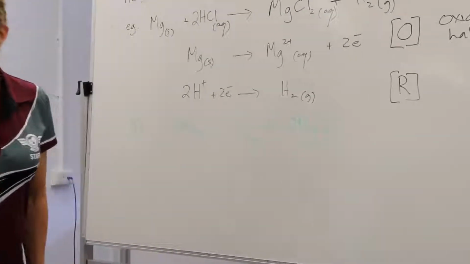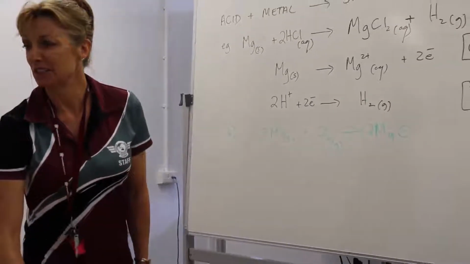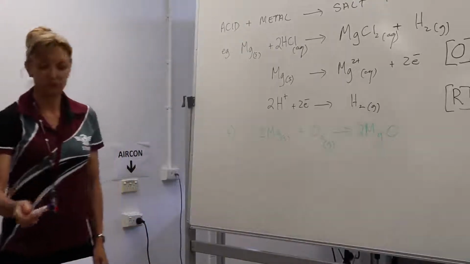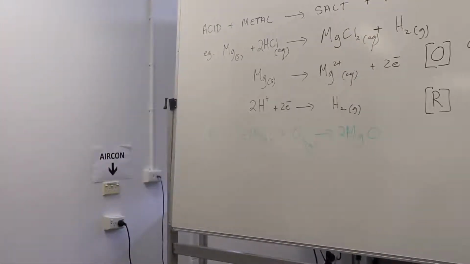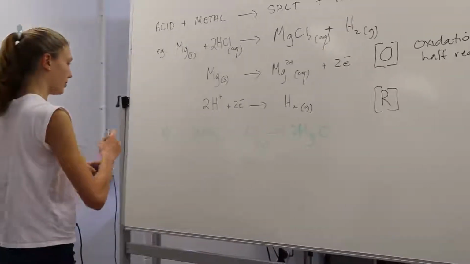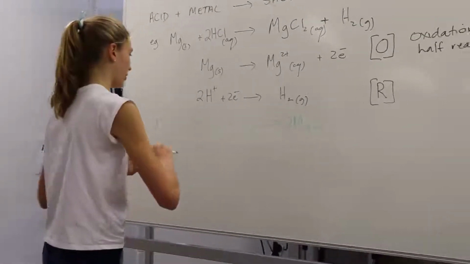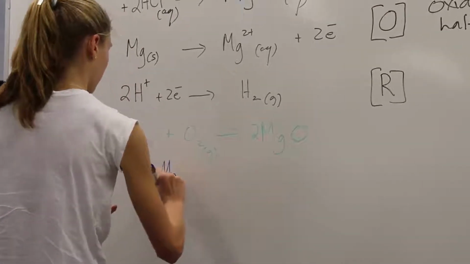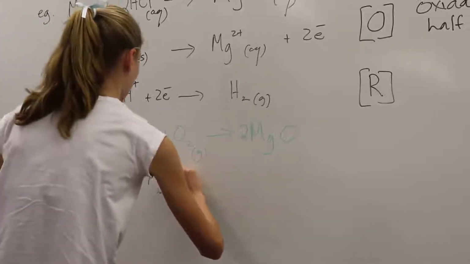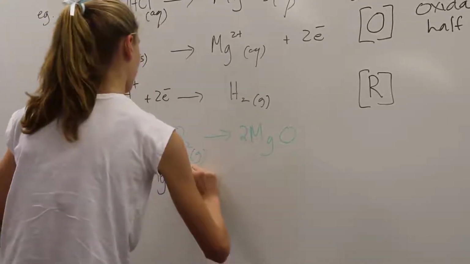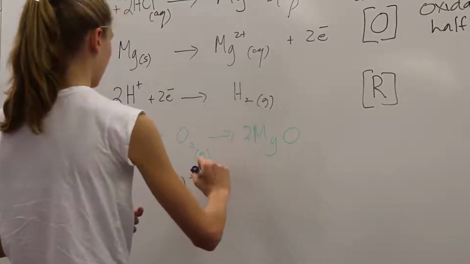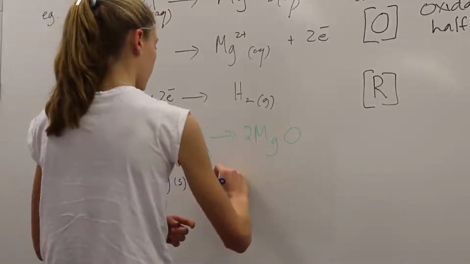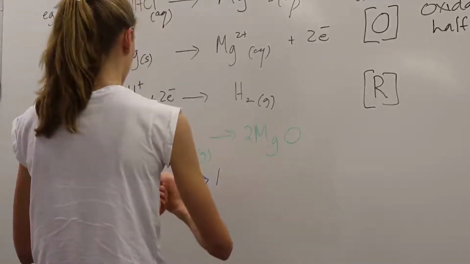Magnesium. Do you want to come up and have a go at writing the half equation? Yeah. Great. Excellent. You can use whatever colour you like, actually. So you split it back up into its ions because this is a compound.